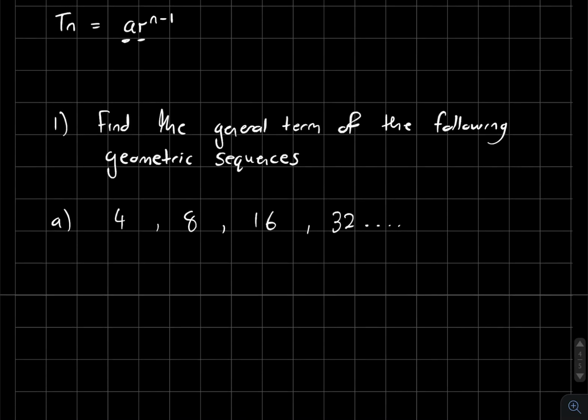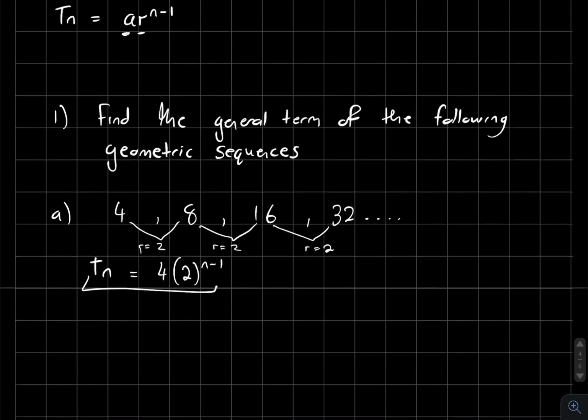Okay, so Tn should be equal to A, which is 4, times R, and we see that just by some quick division, we can find our R to be 2. Don't confuse this with a common difference. This is a common ratio. Just label that as R equals 2, just to keep that in mind. So we have 4 times 2 to the power n minus 1. That's the general term. Simple as that.